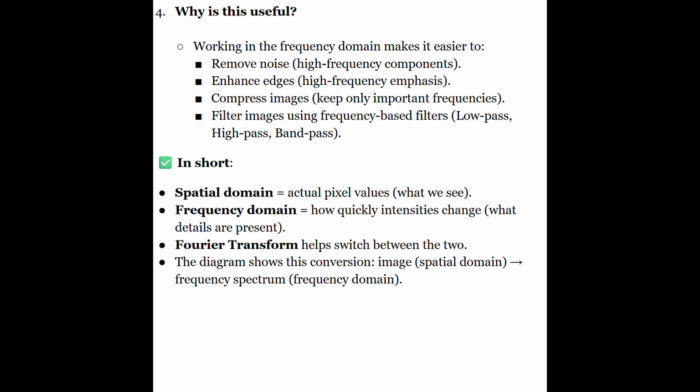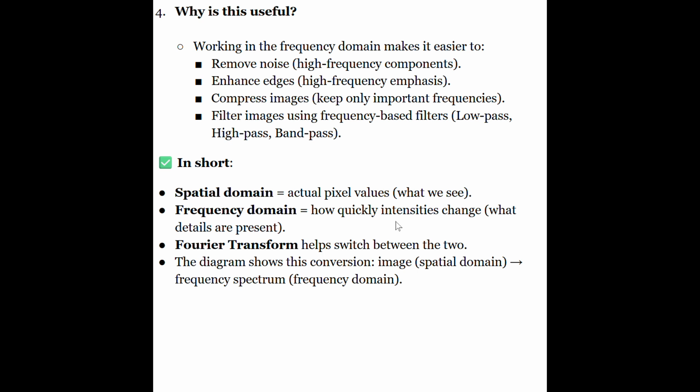Then if I want to compress an image, I keep only the important frequencies in storage, and the rest of the things I omit. That's why frequency domain analysis is important. Then I want to filter images using frequency based filters: low pass, high pass and band pass. These are the categories of filters we will see in upcoming sessions.